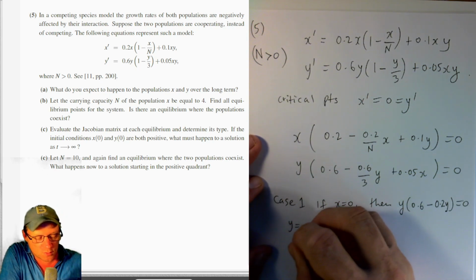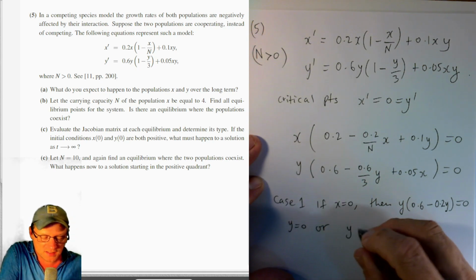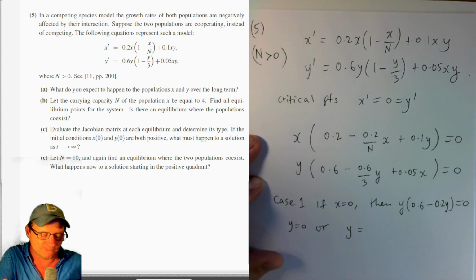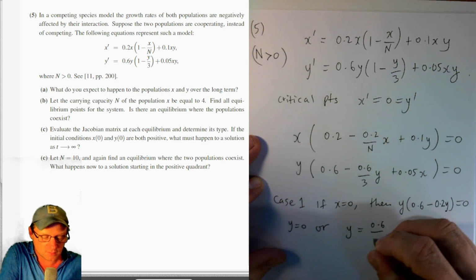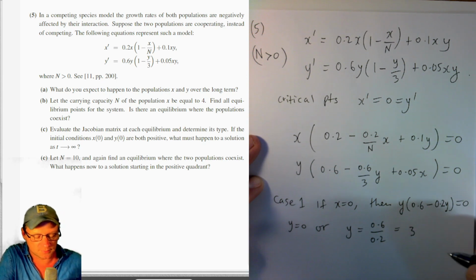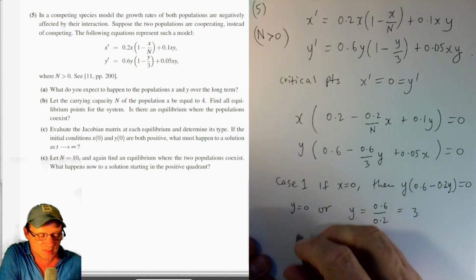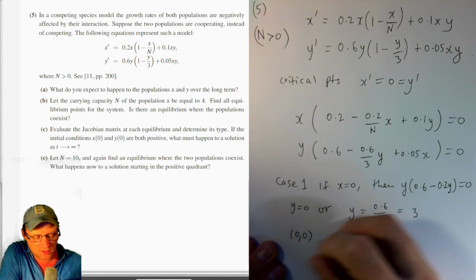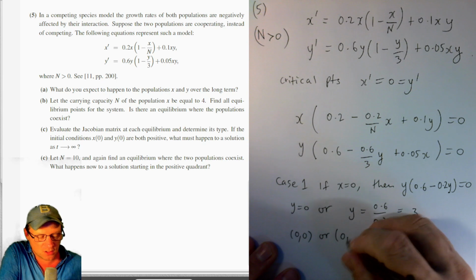So Y equals 0, or Y is equal to 0.6 divided by 0.2, which is 3. Okay, and so this gives rise to two critical points: 0, 0, or 0, 3.